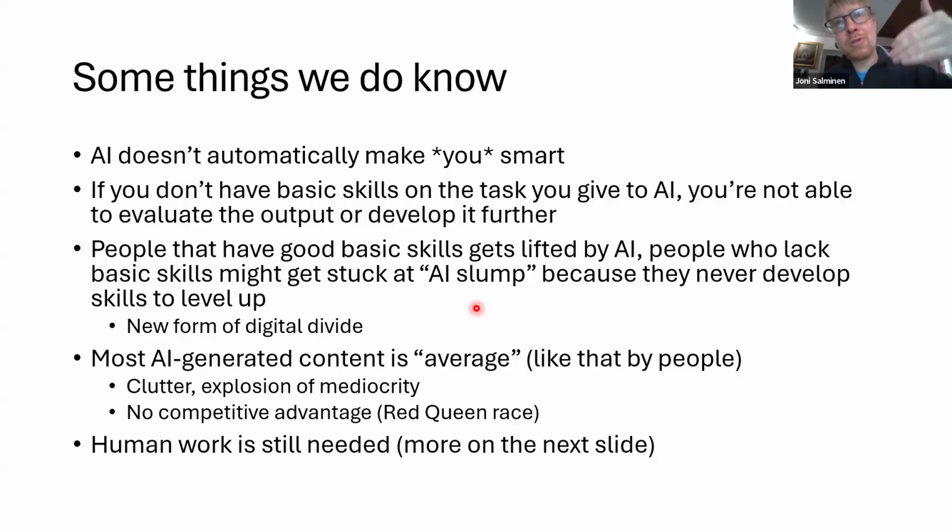This evolution only happens by trial and error and hands-on doing. You need to repeat those activities to learn the skills and become better at it yourself. So if you outsource all of your tasks to an AI, you will not get better at the task, and you're in this AI slump, which is a very dangerous place also because that gives you no competitive advantage in the job market.